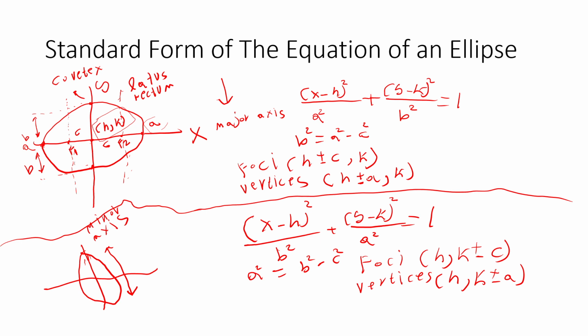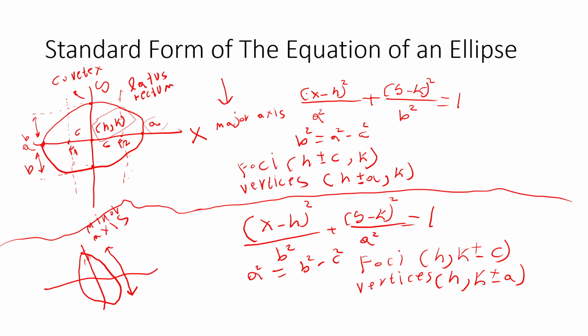Now the intercept of an ellipse on the x-axis, if x is the major axis, is a. The intercept on the y-axis, if it's the minor axis, is the parameter b.